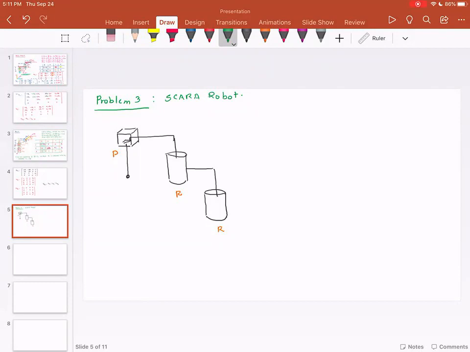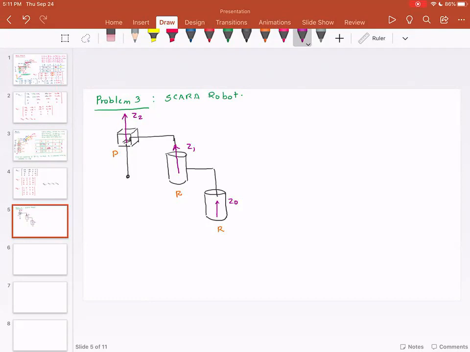Okay, now let's start with setting up the coordinate system. Z0, Z1, but please note, in this case, I'm going to say Z2. And please note, the rules say that Z has to be aligned with the direction of the joint variable. It doesn't say that it should correspond to the direction.